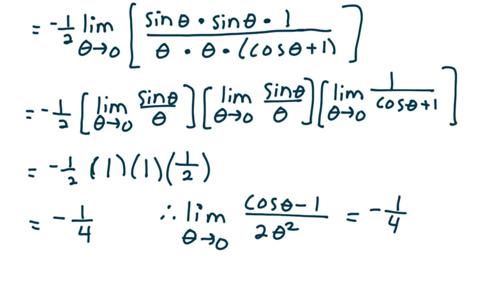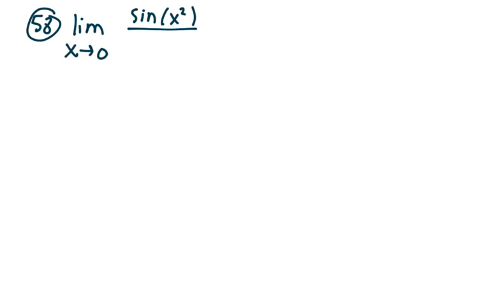And I want to take a look at problem 58. Suppose I had the limit as x goes to 0 of sine of x squared divided by x.